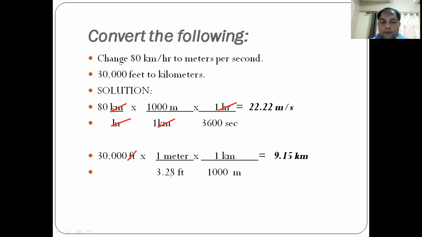We cancel out feet and feet together, and changing meters into kilometers, which is equal to 1,000 meters per kilometer, we end up with 30,000 feet in kilometers, which is around 9.15 kilometers. So that's how far in vertical distance 30,000 feet is. 9.2 kilometers.